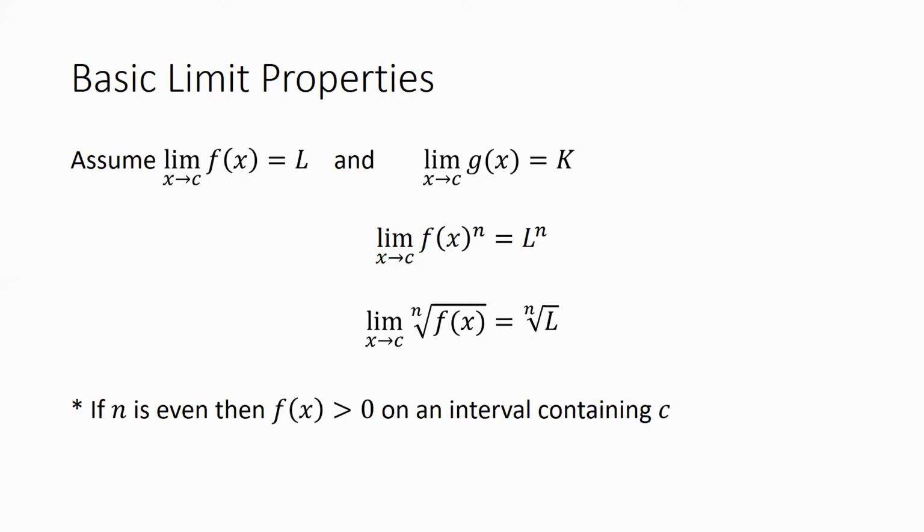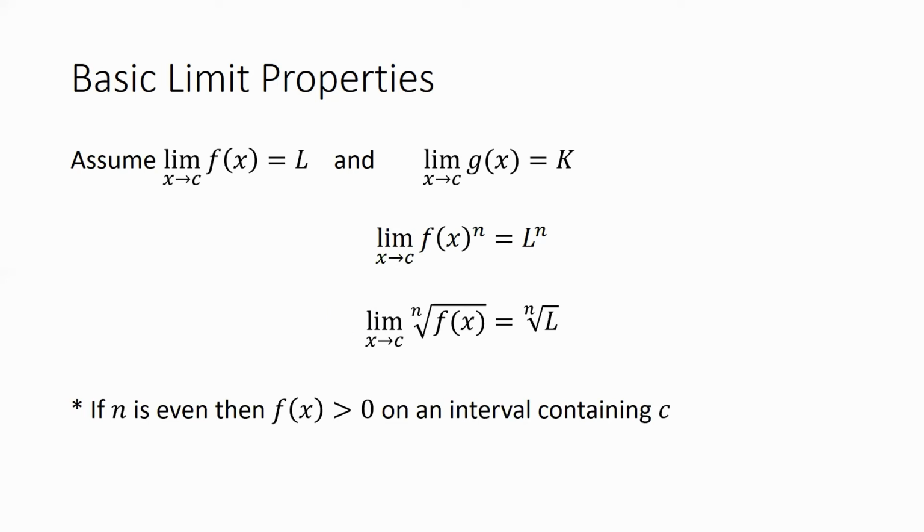Other things we can do: we can take exponents of limits. If I take the limit of a function raised to the nth power, then I get the limit to the nth power. And if I take the limit of a function to the nth root, then I can just take the nth root of the limit.